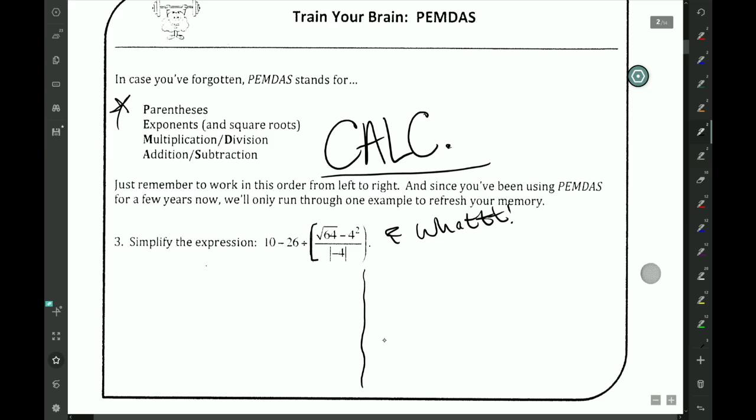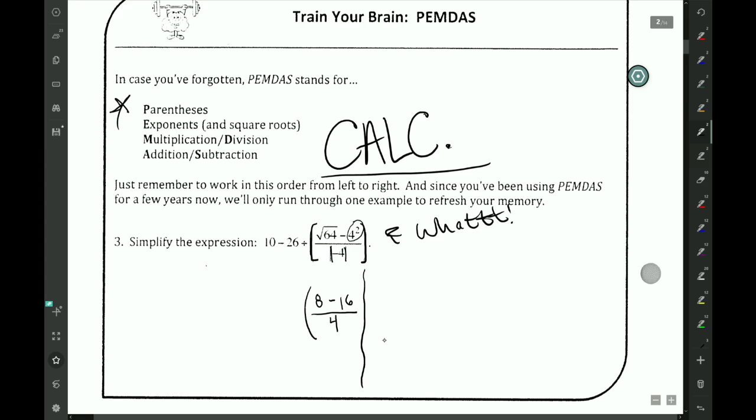But if you were to do it by hand, because a lot of students do like to do it, you would look at the parentheses first, okay? Within there, exponents, so 4 squared is 16, square root of 64 is 8, minus 16, absolute value of -4, absolute value always makes things positive.